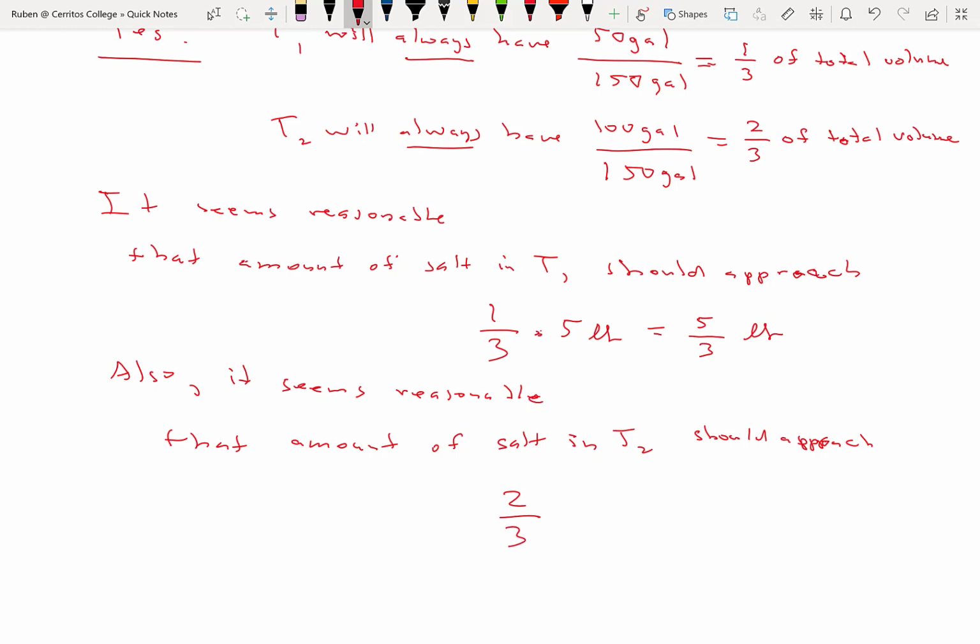As we swish all this liquid around back and forth, the amount of salt in the second tank should approach 2/3 of 5, and that's 10/3.